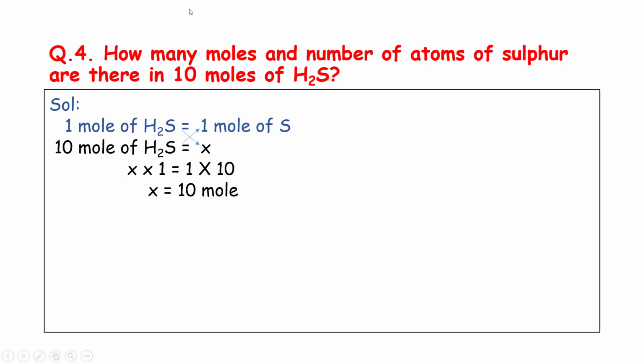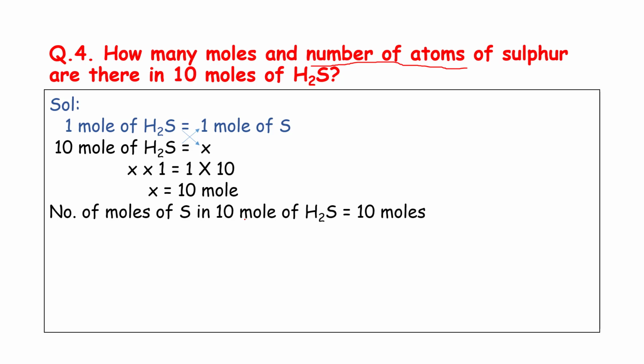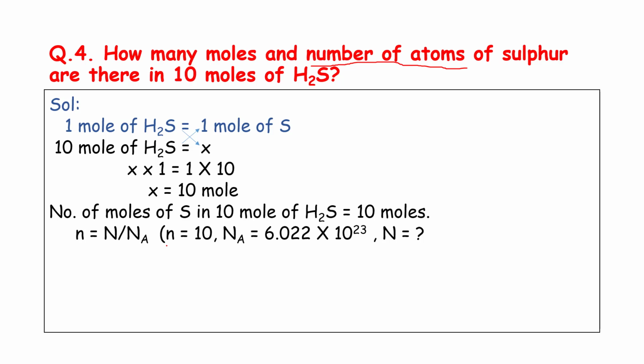Now the second part which they have asked you over here is the number of atoms. So how are we going to calculate the number of atoms? The value of number of moles has come here as 10 moles. Then n is equal to N upon Na. So small n, which is the value of moles, we have just now calculated as 10 moles. Na is known to us.